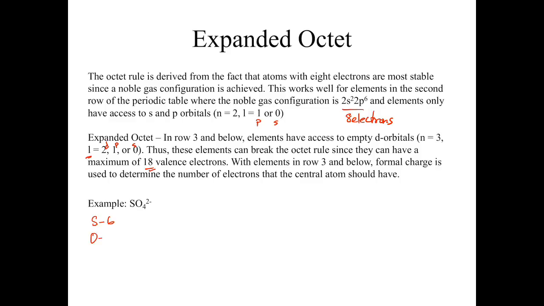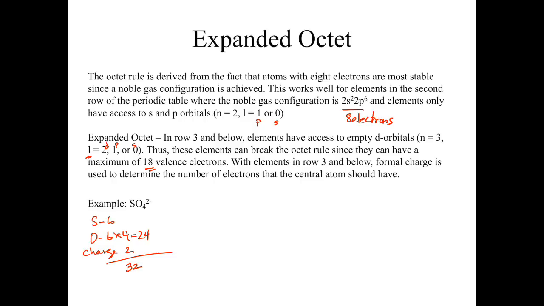It's just one row down. Oxygen is going to bring 6 electrons. There's 4 of them. So this is going to bring a grand total of 24 electrons. And then we have 2 minus, which gives us an extra 2 electrons from the charge. So this is going to give us a grand total of 32 electrons that we have to play with.